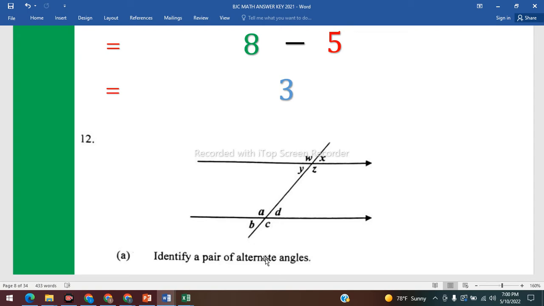Anyone else? Z and A, right? Anyone else? They only want one, but I want you to identify all. We have Y and D, Z and A. What else? W and C. Yes. X and B.